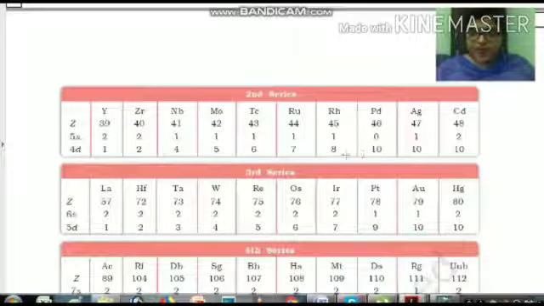Here you can see palladium has electronic configuration 4d10 5s0, whereas silver has 4d10 5s1, and cadmium has 4d10 5s2. Means here you have to learn the electronic configuration of palladium. It is 4d10 5s0.